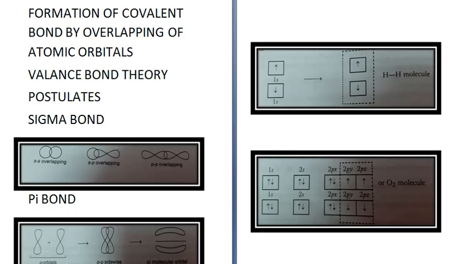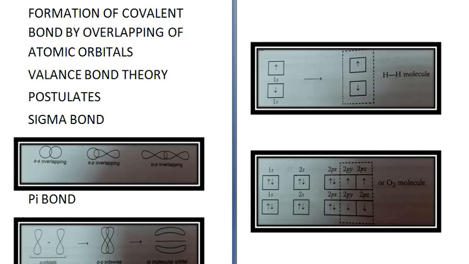Third, overlapping of atomic orbitals of various atoms gives rise to the formation of a covalent bond. Fourth, the greater the extent of overlapping of atomic orbitals, the stronger is the bond formed. So these are the postulates of valence bond theory.